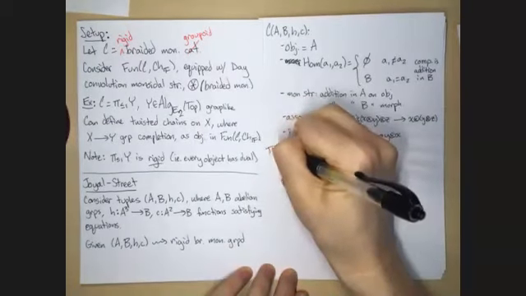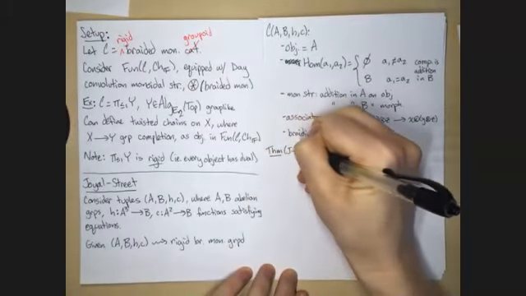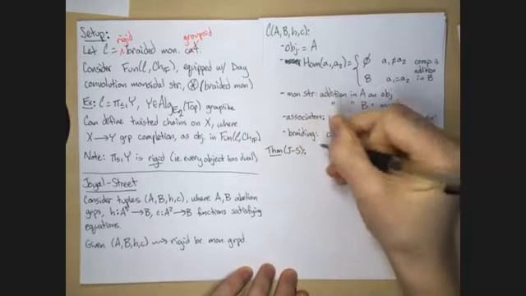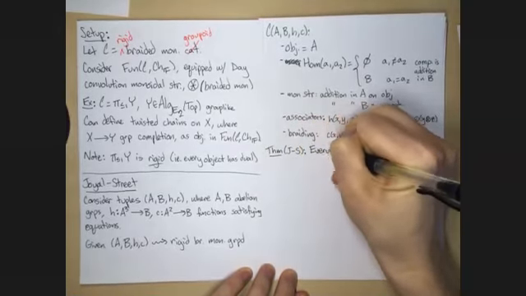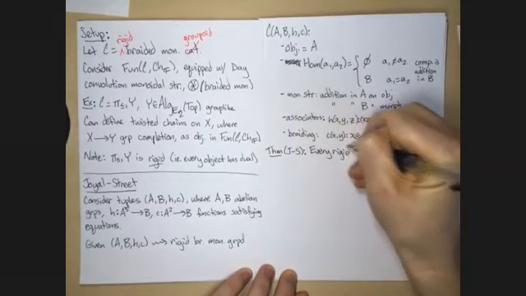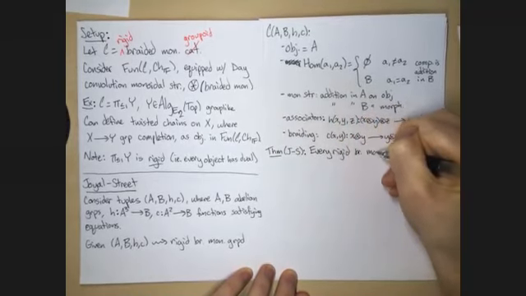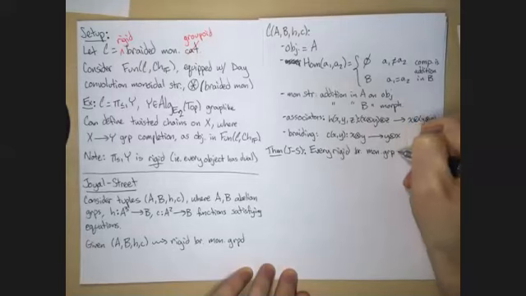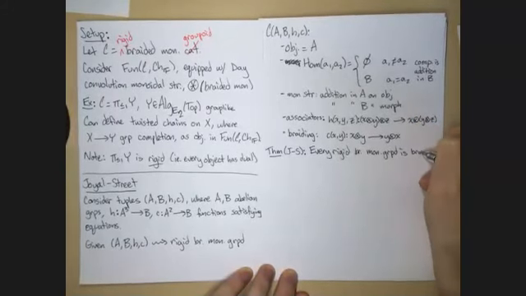So Joyal and Street prove a more general result than this, but the important thing for our purposes is that every rigid braided monoidal groupoid is braided equivalent to one of these.